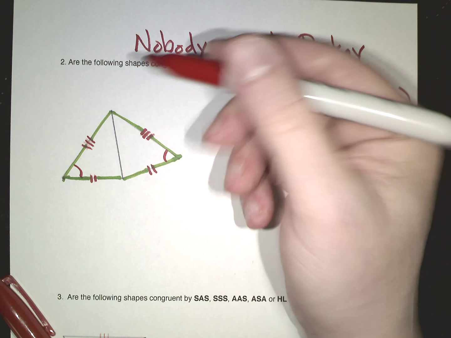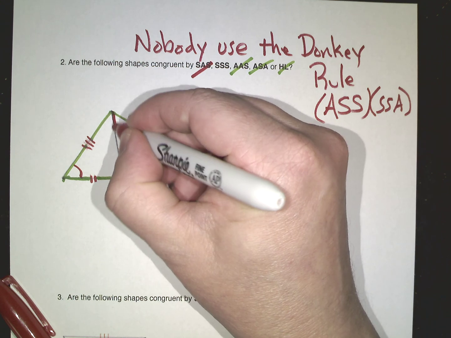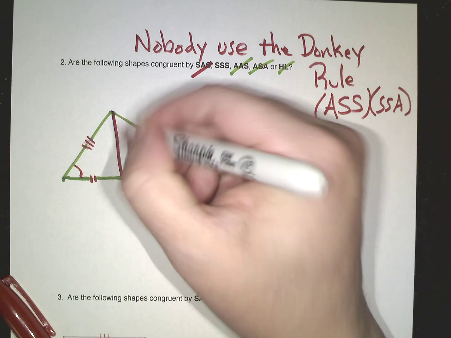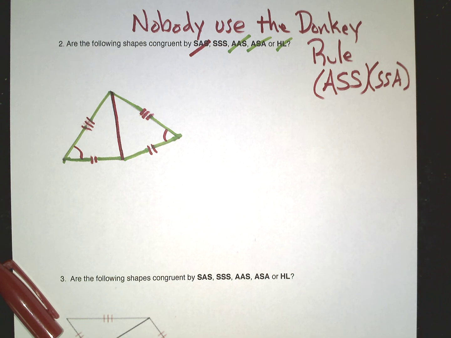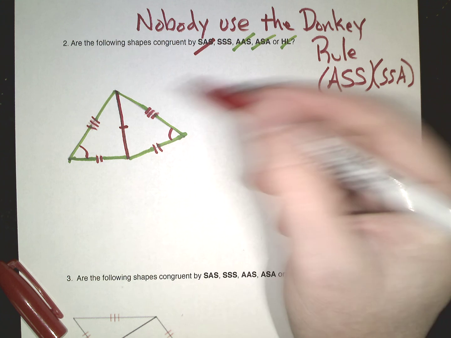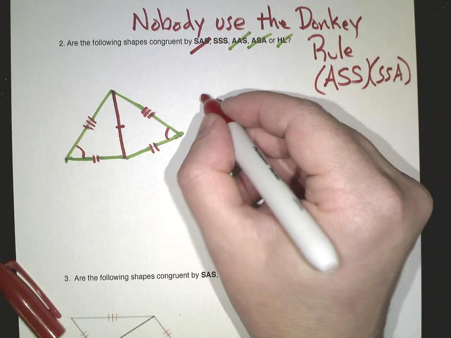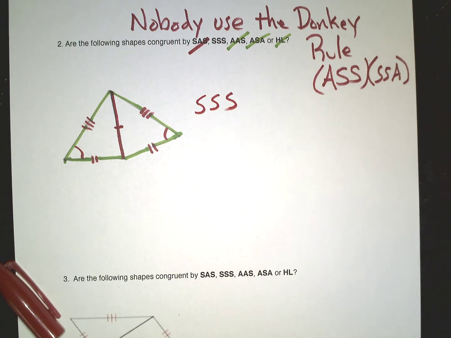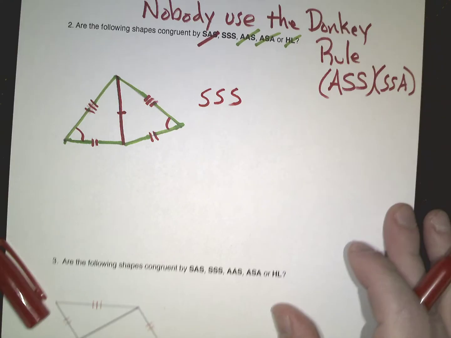It's the same as itself. They share this. So I'm going to put this one in red to show you that this is the same on both of them. So 1 side, 2 sides, and really 3 sides they share between them. So this one is SSS. Look, you can even write ASS on your work if you want to.